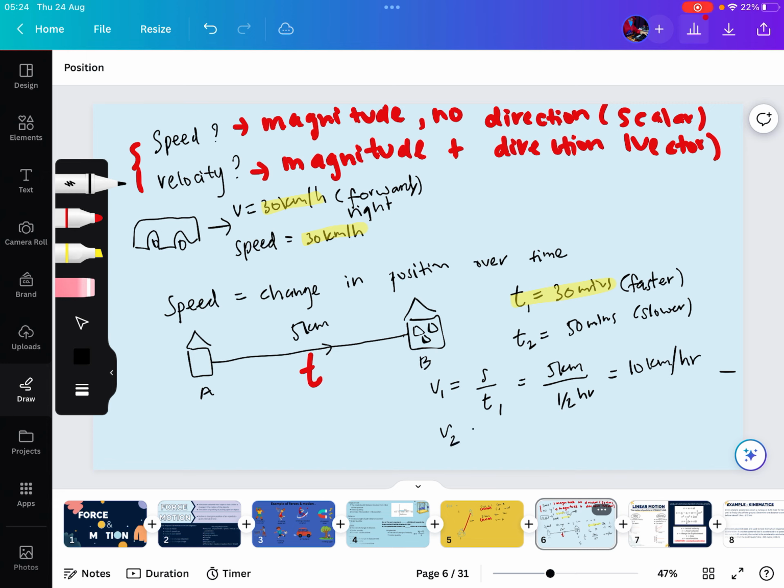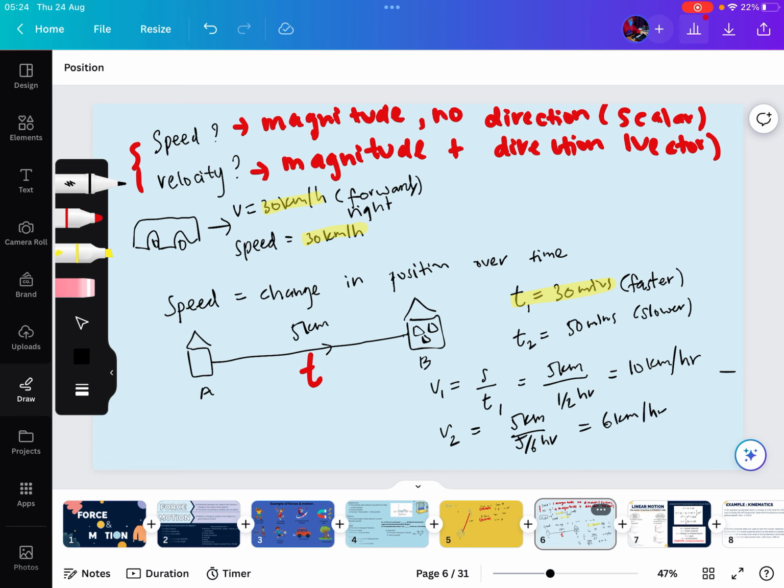So for V2, when you travel for 50 minutes, let's see what the velocity is. S is the same, 5 km. 50 minutes is 5/6 hours. So this is 6 kilometers per hour.